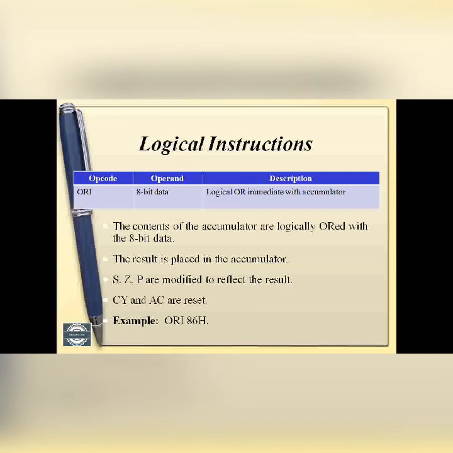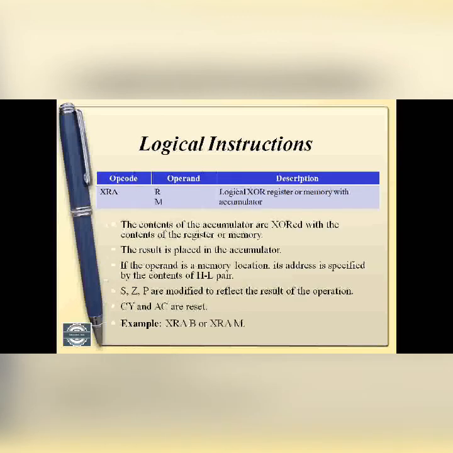See here from the screen. By pausing the screen, you can write down all the opcodes, because all the opcodes are very necessary for you. Follow the lecture, and along with that, please take the screens of the codes and their descriptions. Then you will be able to get all the register instruction codes. See here, XRA is given.